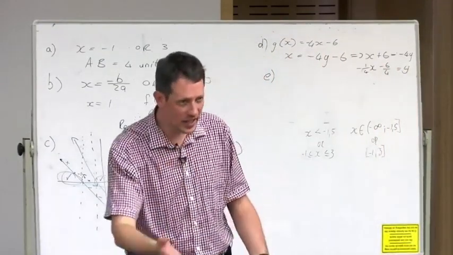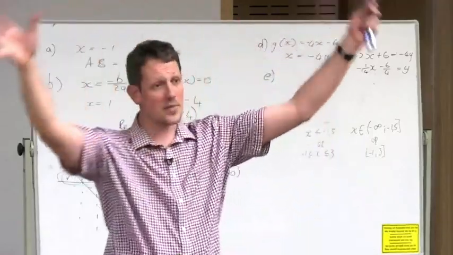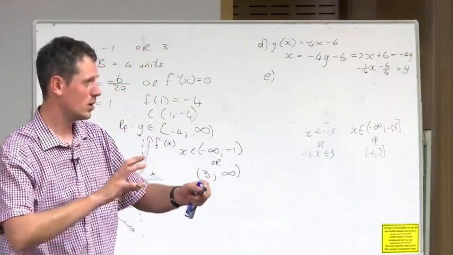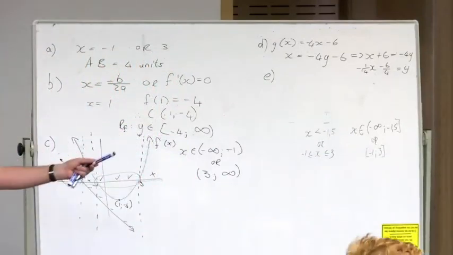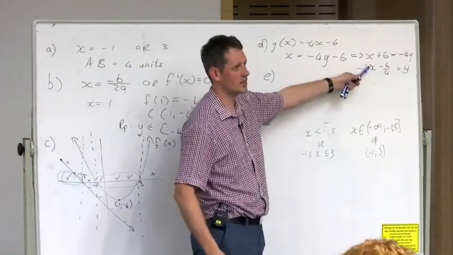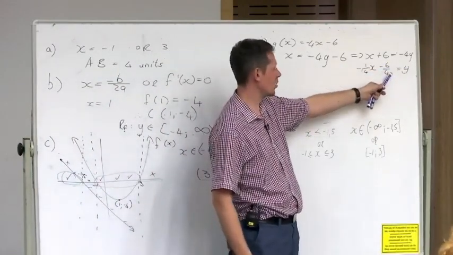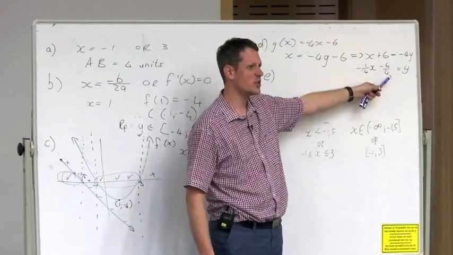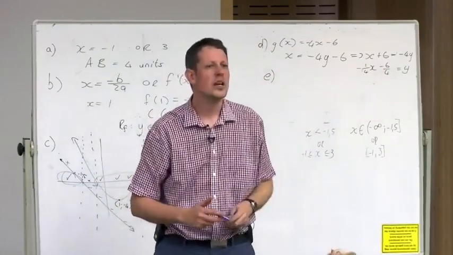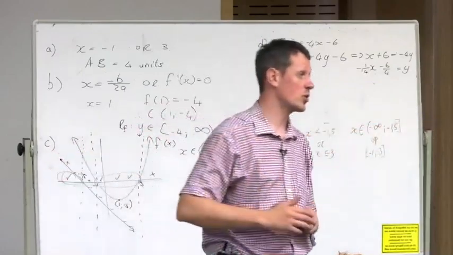Why do I do that? Why don't I write the whole big thing over negative 4? Because now I can analyze that that is a straight line with a negative gradient that has a y-intercept of negative 3 over 2. It's just for my own analysis. In the exam, both would be marked right.